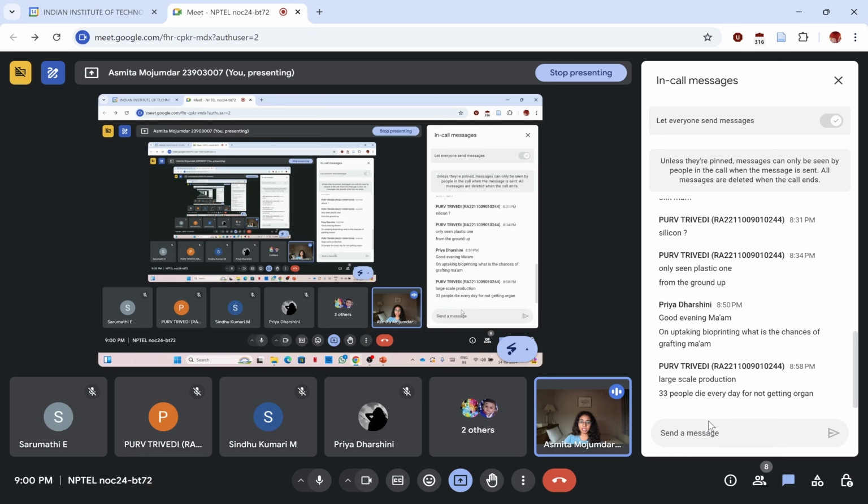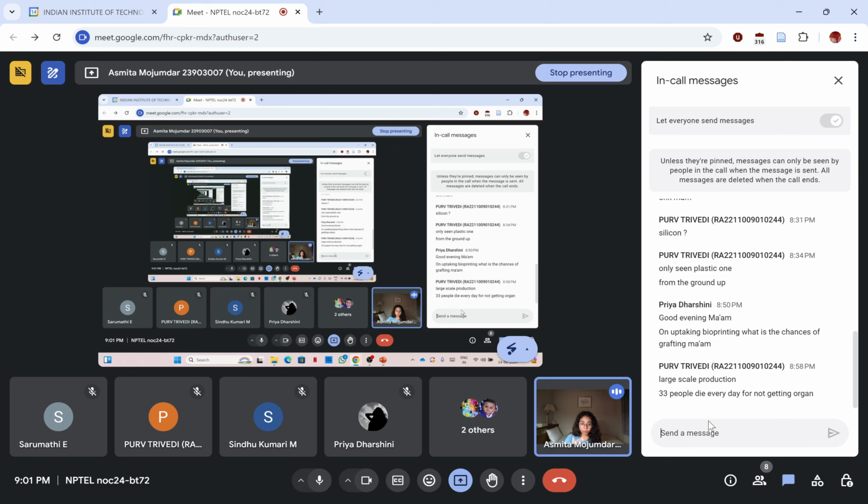So if you can make organs readily available, like if you can 3D print organs using some materials which are cheap, not that expensive, then you can make organs available to a large number of people who need it at a very low cost.